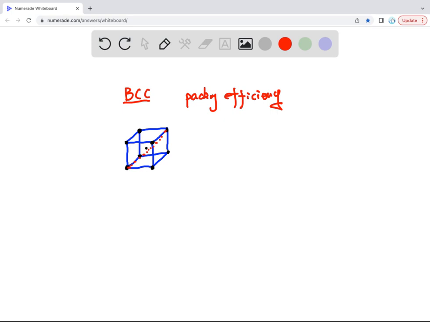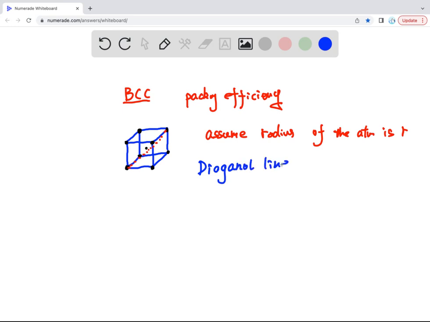So that means if we assume the radius of the atom is r, the diagonal line of this cube, the length here, equals what?